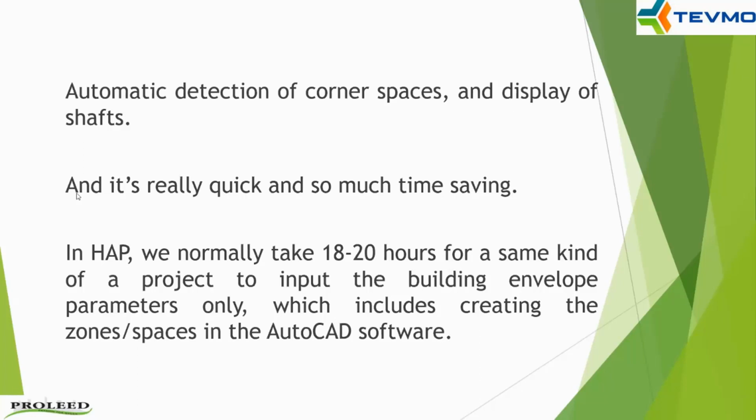Again, we may have to manually delete those balcony spaces, but it's very few, maybe one or two balconies. I found one or two balcony spaces were considered as a space, which I manually deleted from the space option given in the plugin software in Revit. So that the Tevmo team has to work on that.